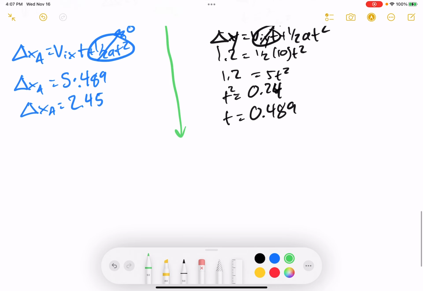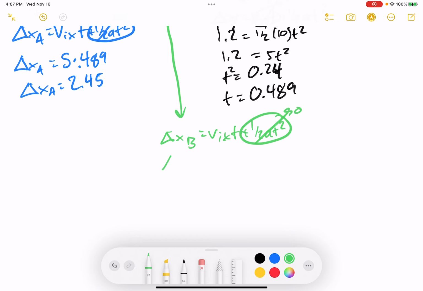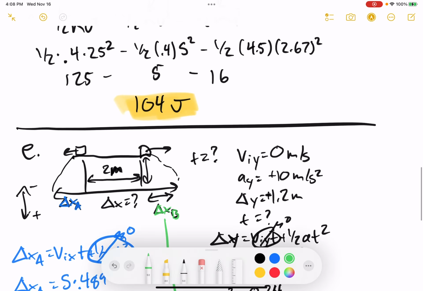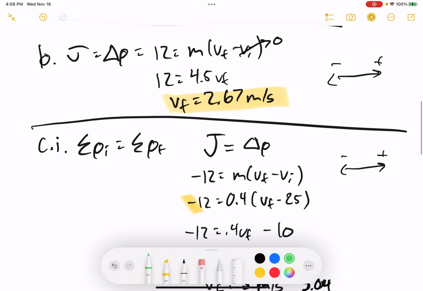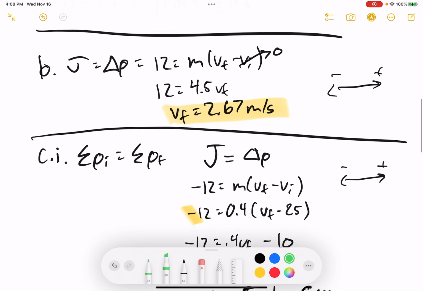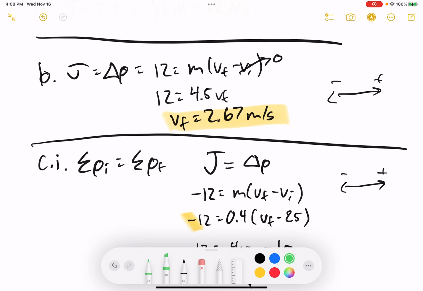Okay. Next, let's go ahead and do this delta x for the second block. Okay. And so this delta x, we can just use the exact same formula, v_ix t plus 1/2 a t squared. This whole part goes to 0 because a is 0 in the x direction. And I have delta x B equals v_i. My initial velocity of that block is going to be this one.